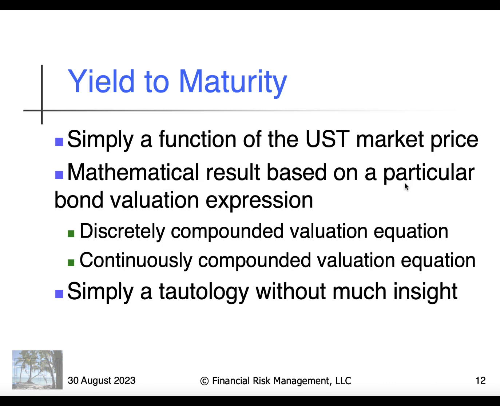The mathematical results are based on a particular bond valuation expression. We could write down the valuation in different ways. We could assume discretely compounded interest, or we could assume continuously compounded interest in our valuation equation. At the end of the day, the yield to maturity to bond value relationship is simply a tautology without a whole lot of insight.